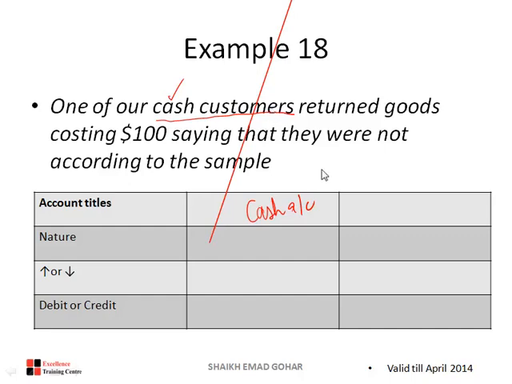and he is a customer, so you will write sales return, and sales returns are called return inwards because the goods are coming in. Getting it? Cash is my asset. Sales is my income, so sales return is my income decrease.